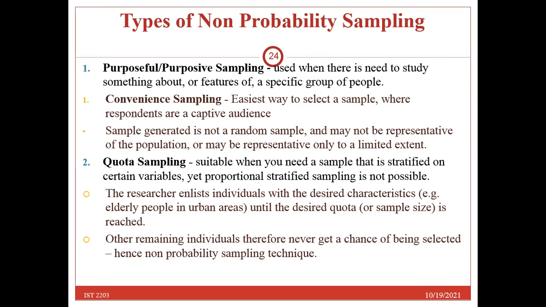So you do quota sampling, whereby you say, all right, if I can get 40 male, then I can get, let's say, 20 female, then I can mix it like that. So that is what quota sampling is. It's also a non-probability sampling method.